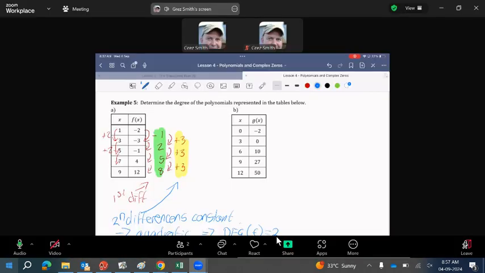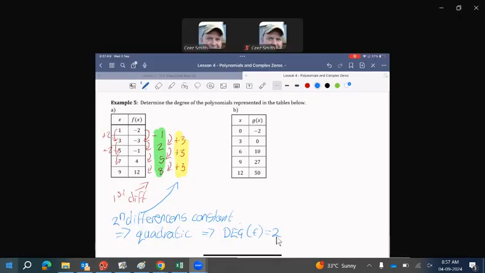So we look at the first differences. This is going up by 2. This is going up by 10. This goes up by 17. This goes up by 23. Oh yeah, 23. This goes up by 8. This goes up by 7.